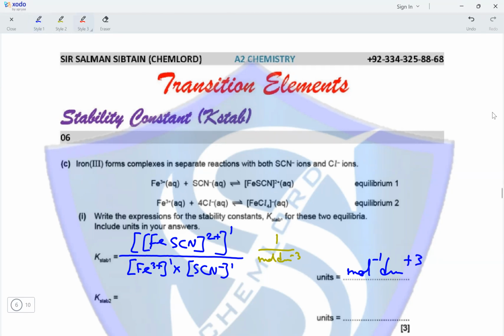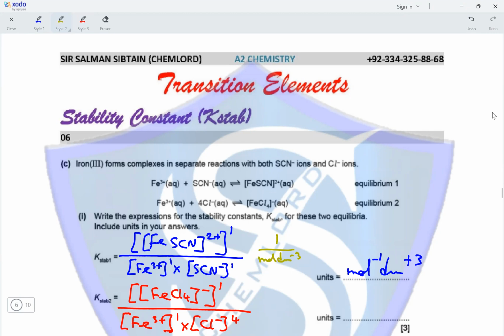For the second equilibrium, we've got concentration of [FeCl4]- raised to the power of 1 divided by concentration of Fe3+ raised to the power of 1 multiplied by concentration of Cl- raised to the power of 4, since there are 4 moles of chloride ions present.